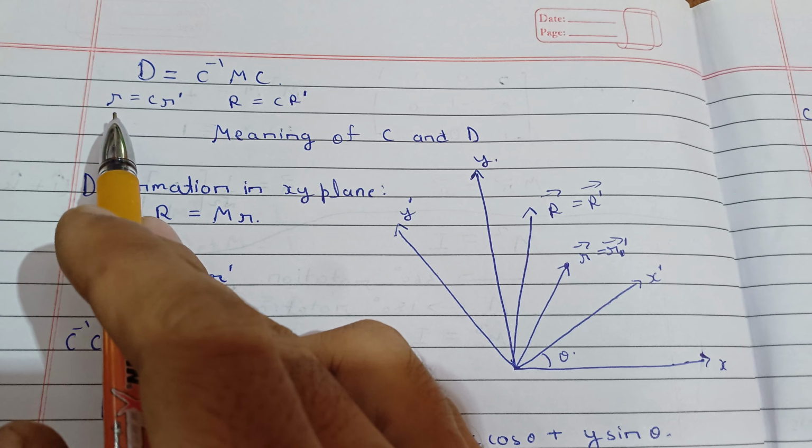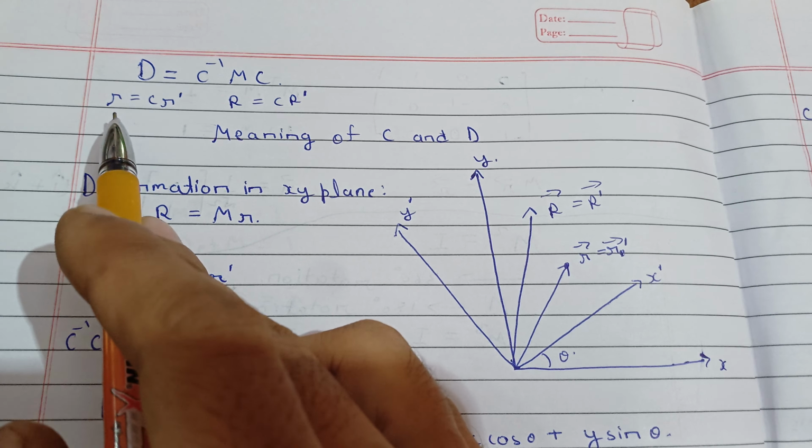So this is a transformation in two different planes. Now if we see the transformation in the same plane, means r to R in the xy plane, it can be represented by M, and this is a rotation, just a simple rotation. So as we discussed earlier, capital R will be Mr, means if you operate M on the small r, it will give you capital R in the xy plane.